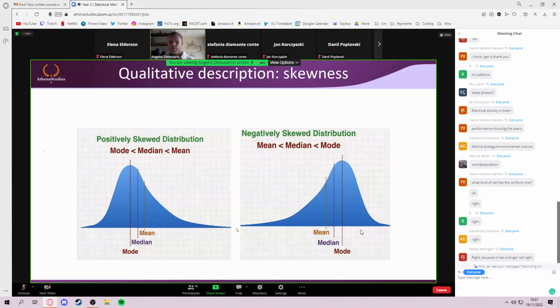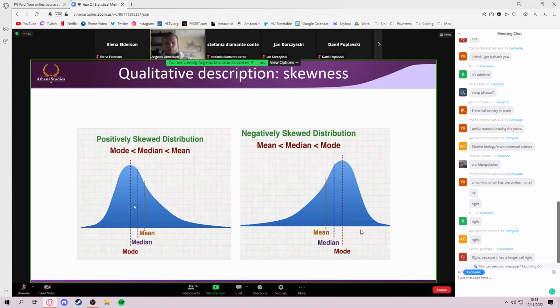So the tail is on the right, on the positive numbers, so it's a right skewed, positively skewed distribution. On the other hand, in this distribution the tail is on the left, on the negative numbers, so it's a negatively skewed distribution.